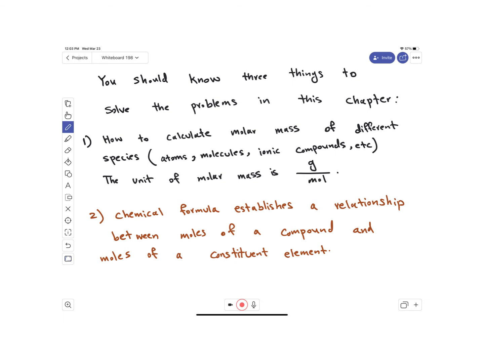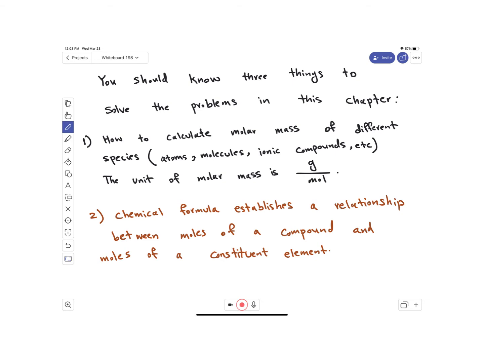To summarize what I just reviewed from our previous session, if you know 3 things, you can answer all questions in this chapter. The first one is molar mass, whose unit is gram per mole. You look at the periodic table and read the number underneath each element.